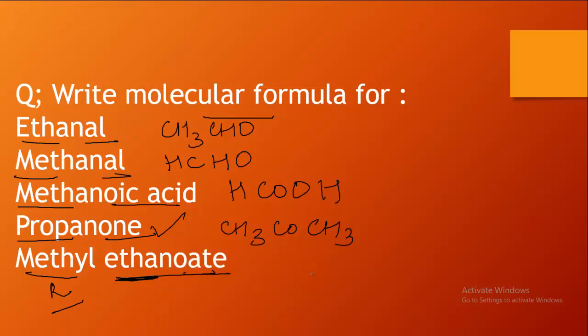So we have CH3, right, ethanoate, that means we have the ester group COO, and eth means here we have CH3, because this forms methyl and these two carbon atoms will form eth and oate for COO group. So the formula is CH3COOCH3.